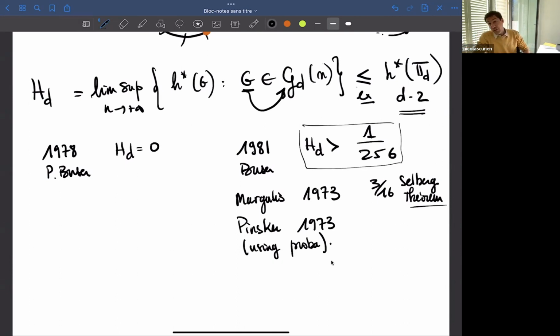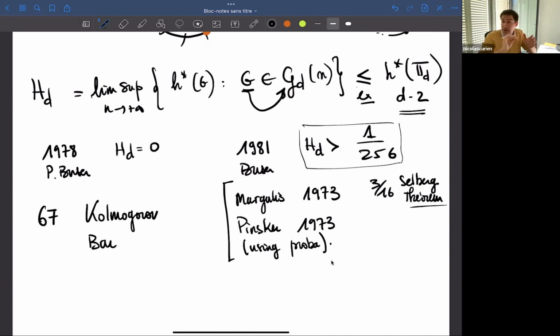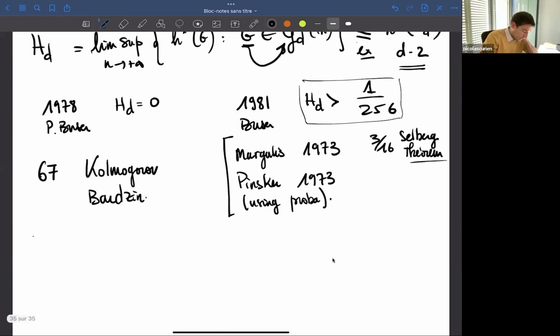So that's funny, right? But what is really funny is that actually in '67, Kolmogorov, the great Kolmogorov, and Barzdin already proved, kind of hidden in their paper, this fact. So what is this fact?